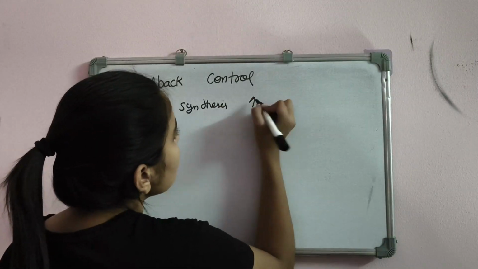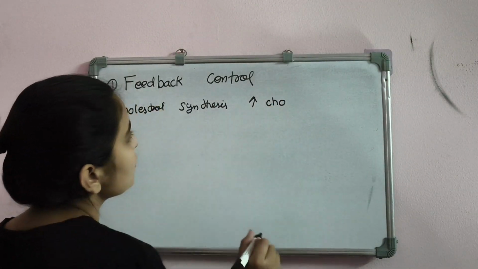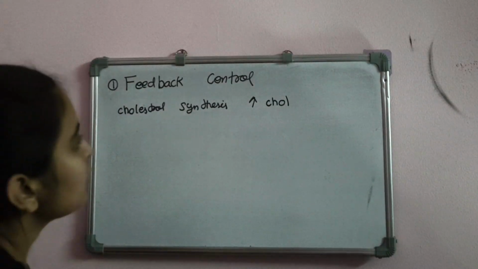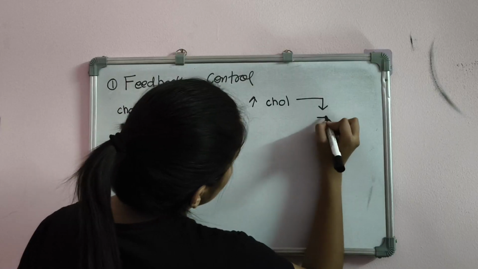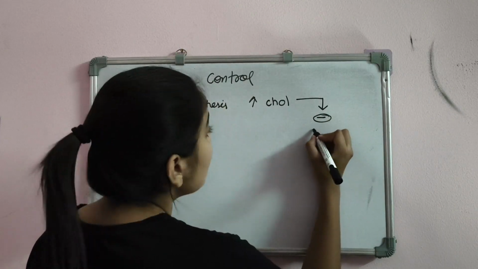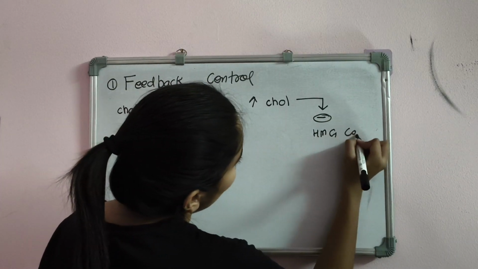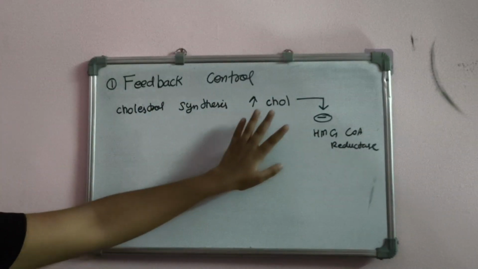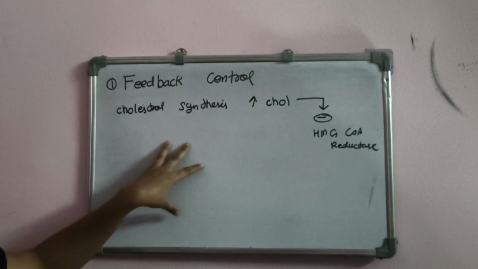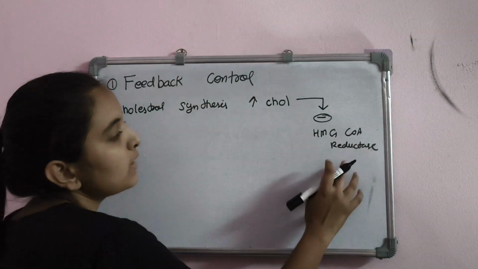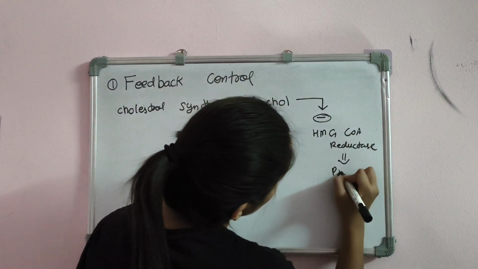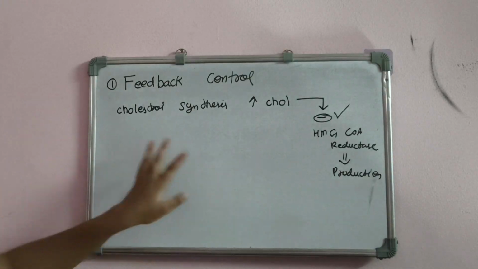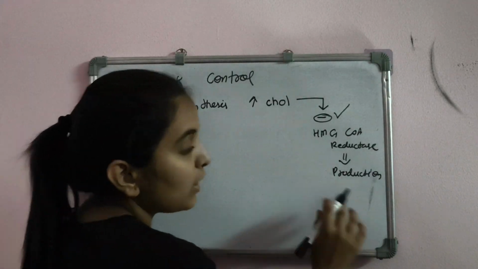So increase in the concentration of cholesterol, I'm writing CHO for cholesterol, causes a negative effect on the enzyme HMG CoA reductase. अगर concentration of cholesterol बढ़ गया है, मतलब cholesterol synthesis ज़्यादा हो गया है, तो HMG CoA reductase का production कम हो जाएगा. So it is basically a feedback control mechanism. अब production कम कैसे होगा?